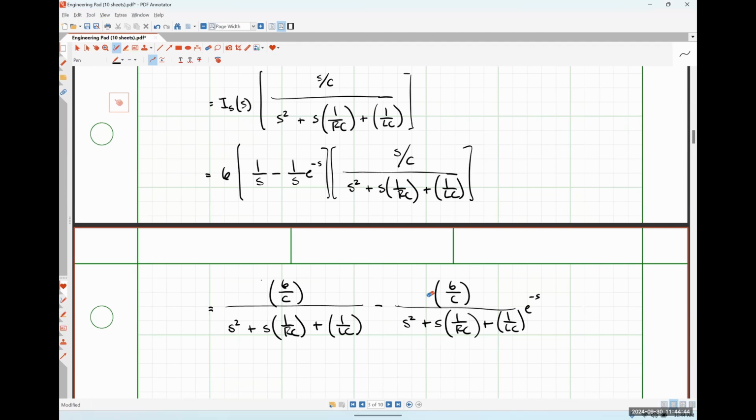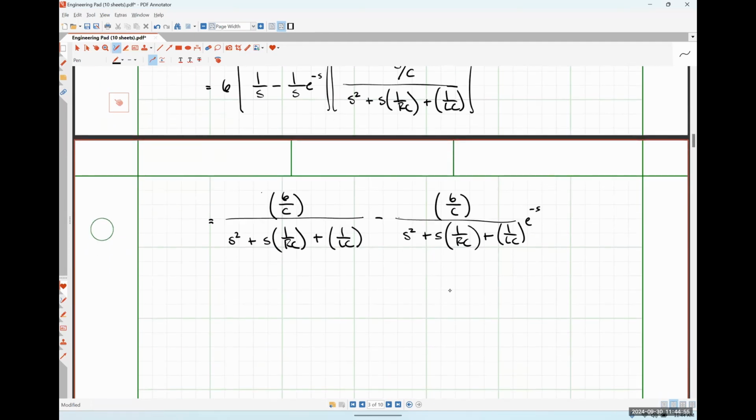Thank you very much for that, Toby. I appreciate it. And so I think we are in a place where we could do the inverse Laplace transform of this thing, right? So what are our roots of this thing right here?